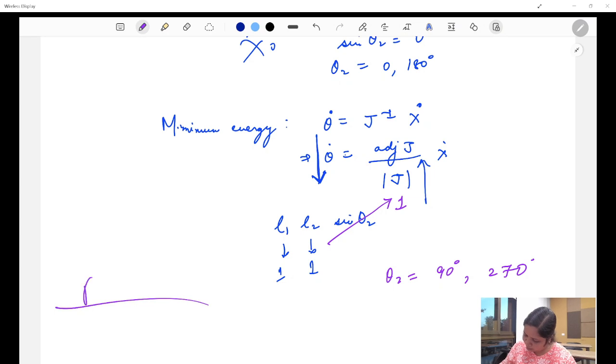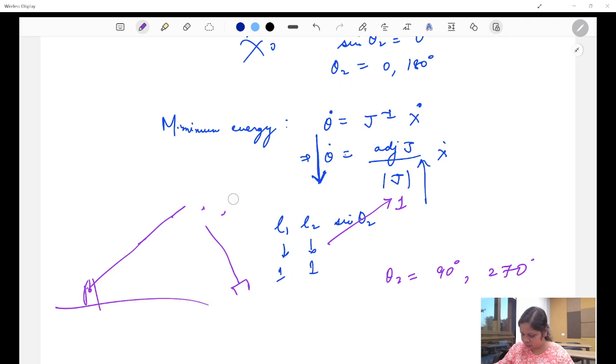So for a 2-R manipulator, when you have a configuration of this type, where the angle is 90 degrees, or you can have this in this direction if you want, it would be 270 degrees only. If it is 90 degrees, then this is the best way in which we can write.